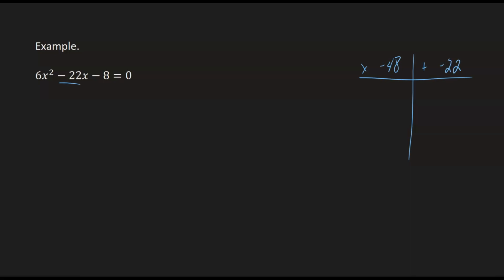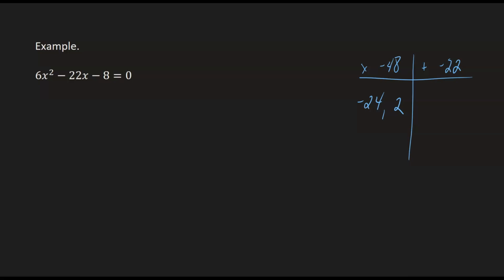So the process is to go through and see what are the factors of negative 48. As you write them all down and find the sums, you will find the one whose sum is negative 22. And I'm going to say negative 24 and positive 2.